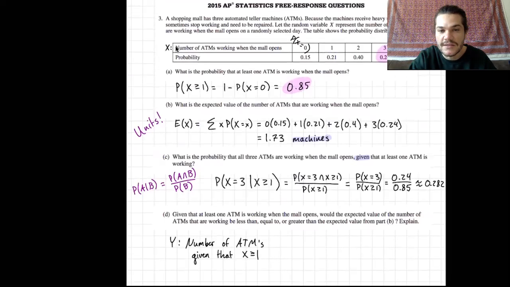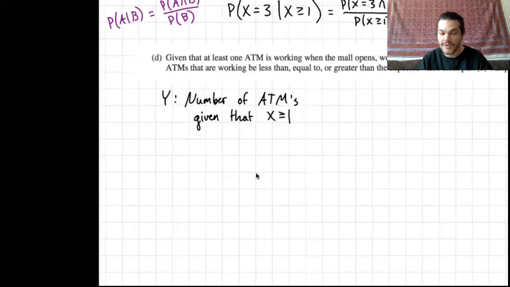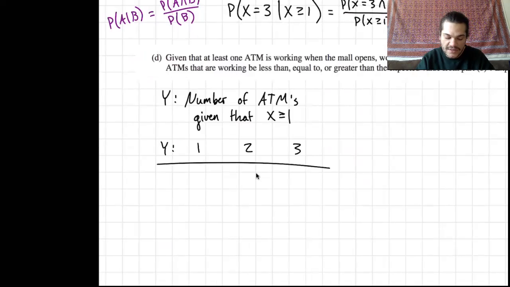They list the different values the variable can take on and the probabilities associated to each of those values. So let's do that for this new variable y. So y can take on the values: there can be one ATM open, two ATMs open, or three ATMs open.